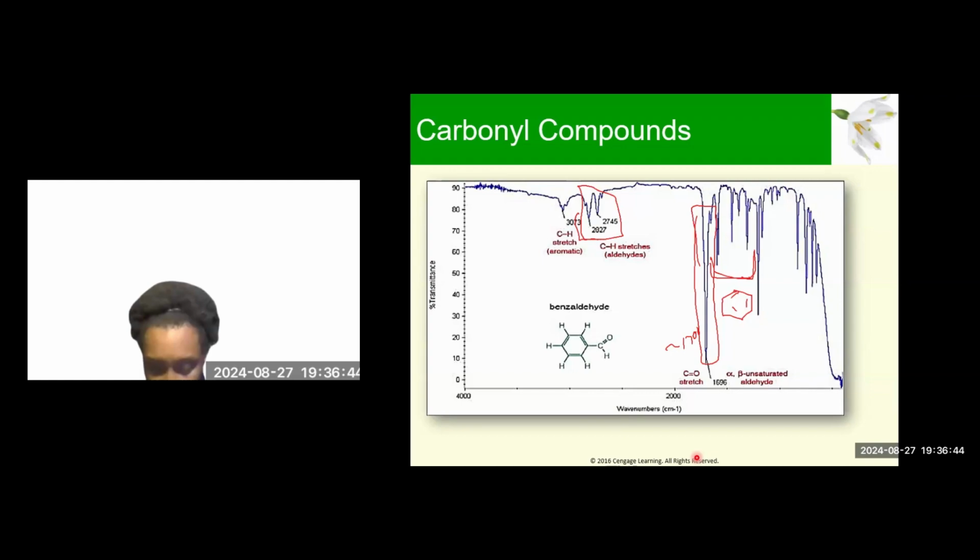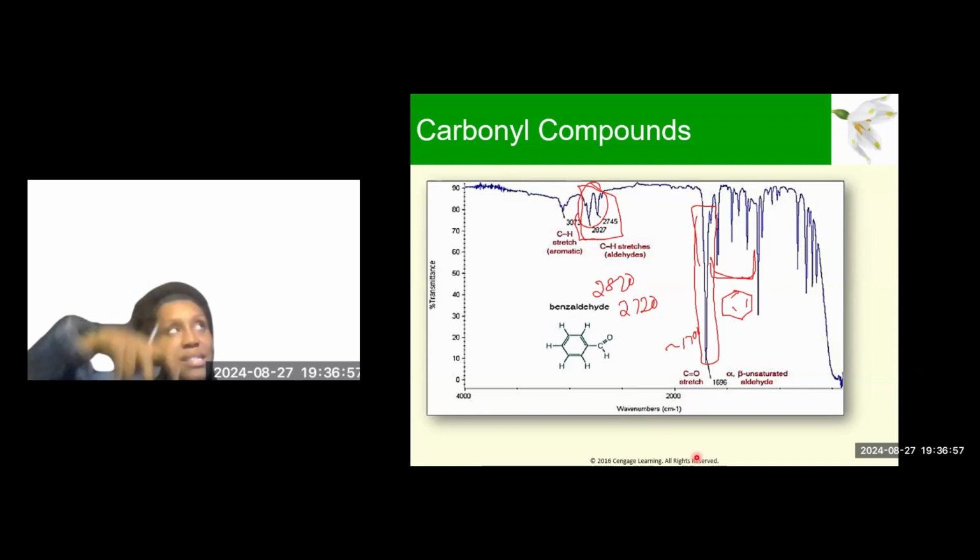So we're always going to look for these twin peaks at around 2820 and 2720 or so. Okay, so 2800, 2700 twin peaks. And they're always going to look like two fangs. And so if you suspect an aldehyde, look for those two peaks.